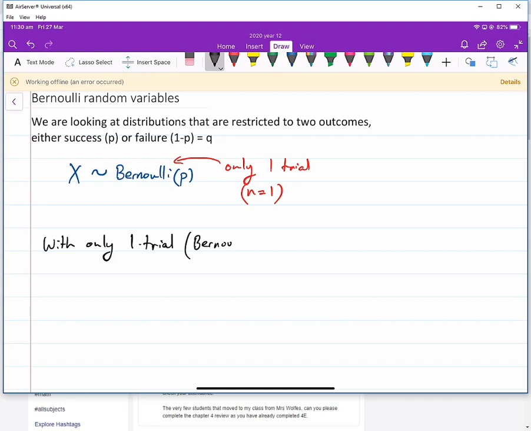Then the result of X is either one of the two things: either 0 for failure or 1 for success. And we would therefore say that X could be the set, it's either 0 or 1.